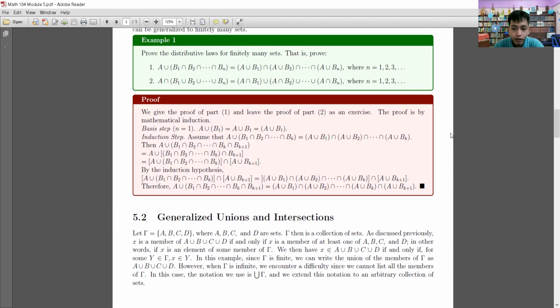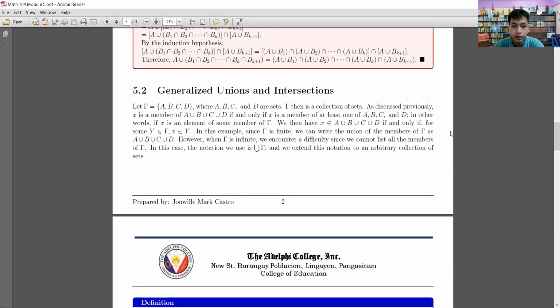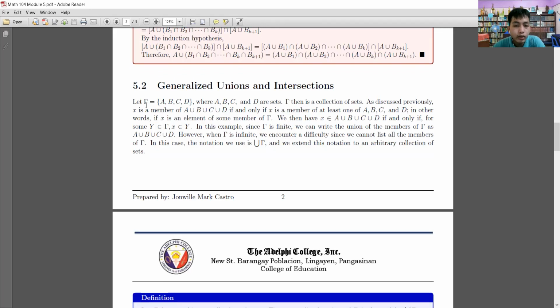Okay? So next is generalized unions and intersections. Okay, so let tau be equal to the set {A, B, C, D}, where A, B, C, and D are sets. Okay? So our tau is a collection of sets. It is a set that contains sets. Okay?